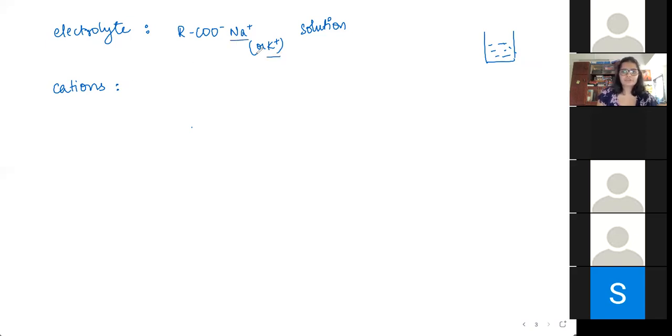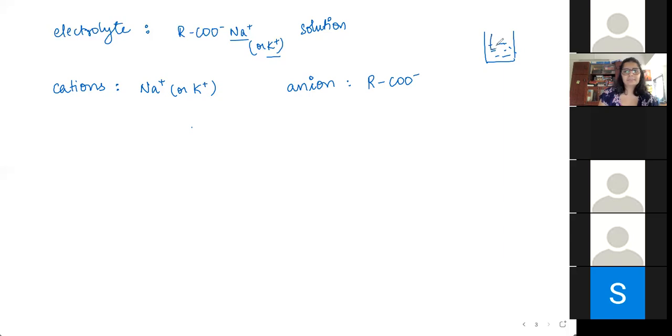Based on what salt you take, you get either Na plus or K plus. And what is the anion that will be produced here? The RCOO minus part. It's not just COO minus, it's RCOO minus, for the whole compound. Correct. Okay, so this is your cation, this is your anion.